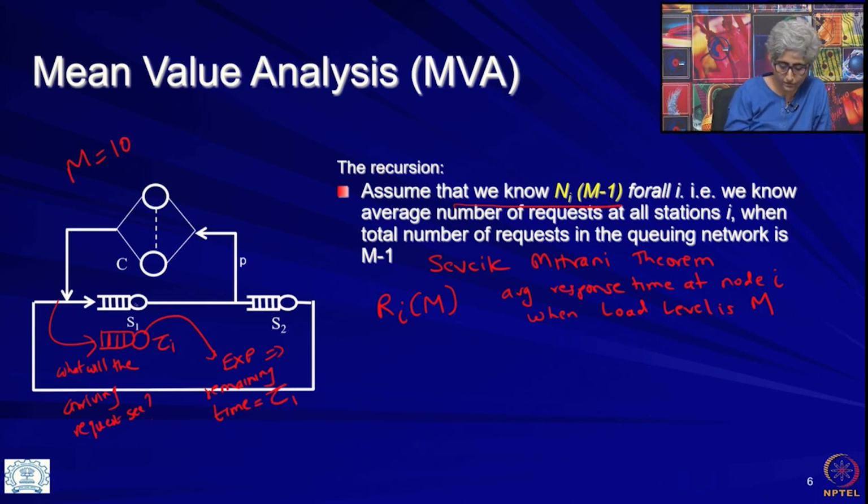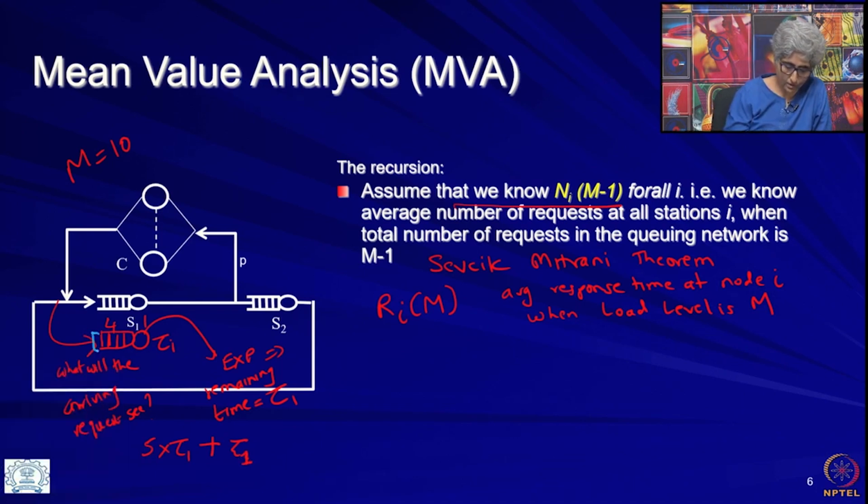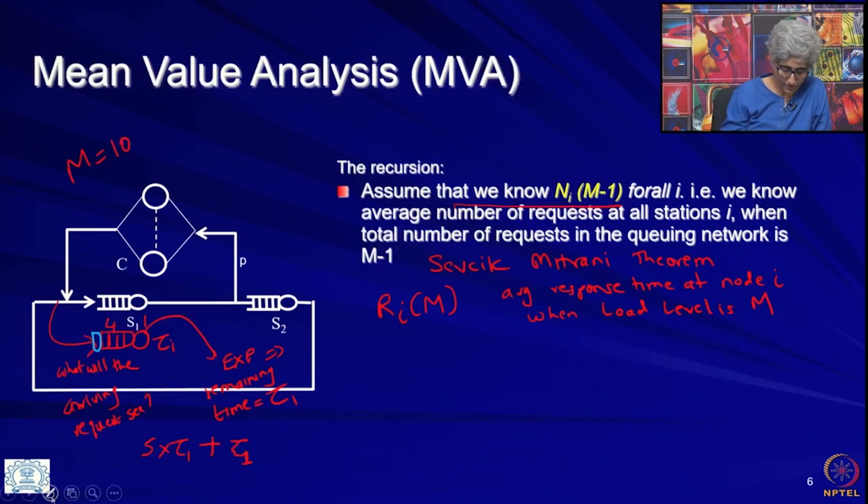So, if we know that the average I expected here is 4 in the queue and 1 in the server, then I can simply say that the response time of the arriving request is going to be 5 multiplied by tau_1 for those that are already in the system, plus its own tau_1, plus its own request. Because it will come and queue at the end here, and that will be the 6th request. So, this is very intuitive.